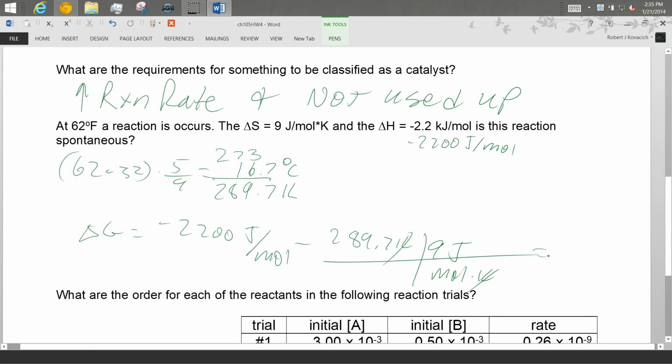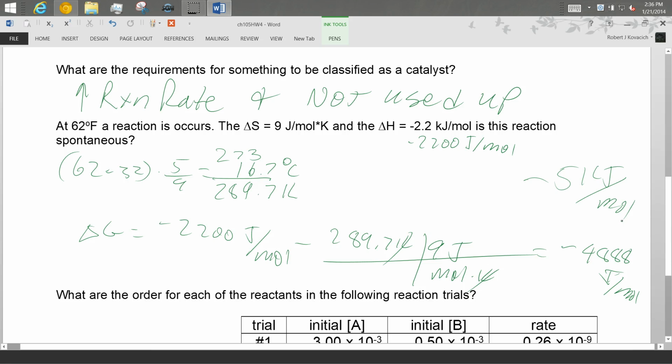And so I've got negative 2200 minus 289.7 times 9. Negative 4888 joules per mole. And looks like I got 1 sig fig, so -5 kilojoules per mole.